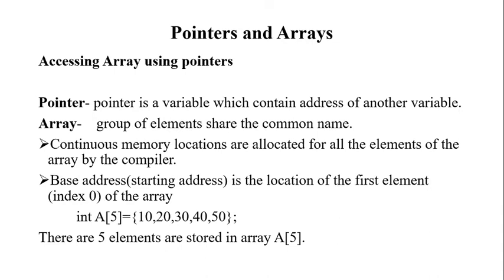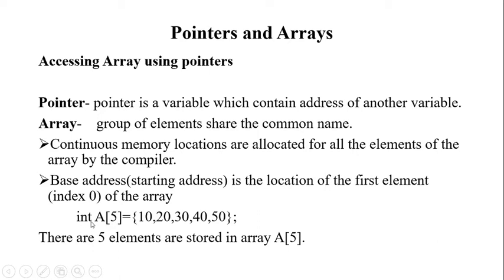So pointers and arrays. By using pointer, we can access the array elements. What is an array? An array is a group of elements sharing the common name. Pointer is a variable which contains the address of another variable. So we can make use of this pointer in order to point to the array elements. So how is it possible? What is the base address or starting address? The base address or starting address of an array is the location of the first element.